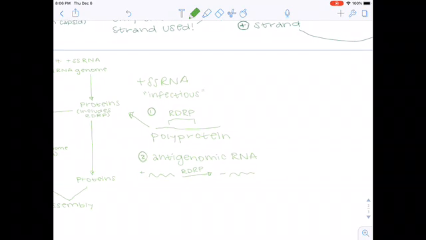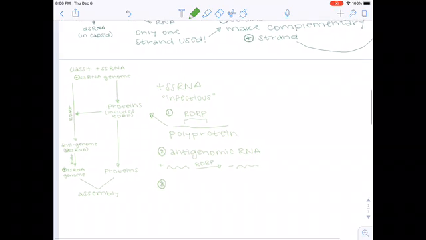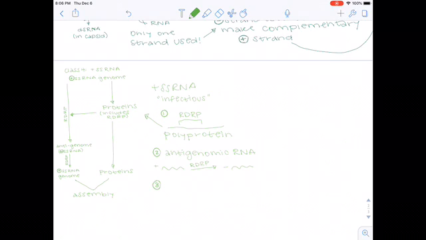All right, this negative strand is then used to make the positive strand again. So this might seem sort of weird, but you have to replicate the genome to put back in the capsid for assembly. And so you can't make positive sense RNA from positive sense RNA. You can only make positive sense RNA from negative sense RNA.